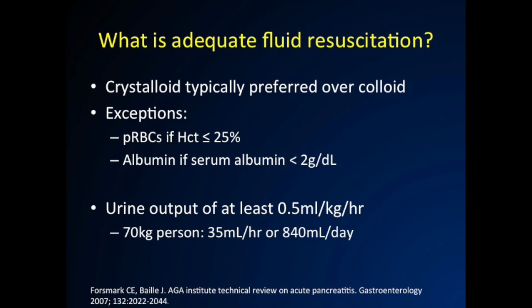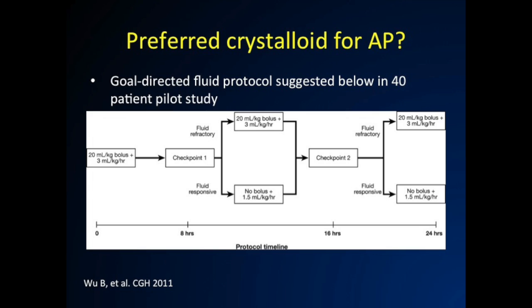And we don't pay attention really enough to urine output as our marker of how we're resuscitating people. We really should probably have every acute pancreatitis patient in that first 48-hour period on a strict I&O to see how much fluid they're putting out. But generally speaking, 35 mLs per hour in terms of urine output would be considered sufficient. And these are all based on small studies.